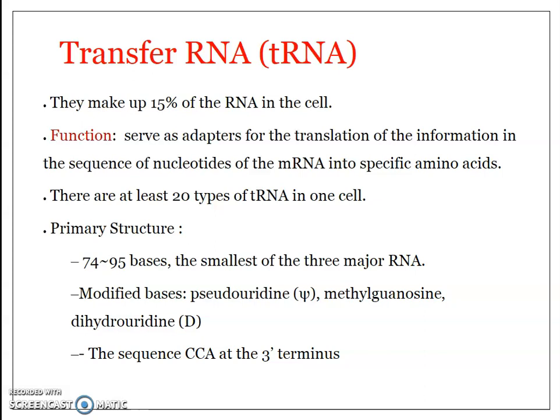So it serves as an intermediate molecule which can convey the amino acid from the cytoplasm to the ribosome.